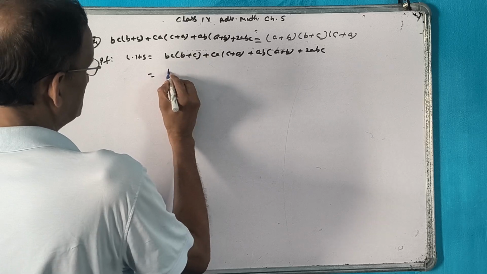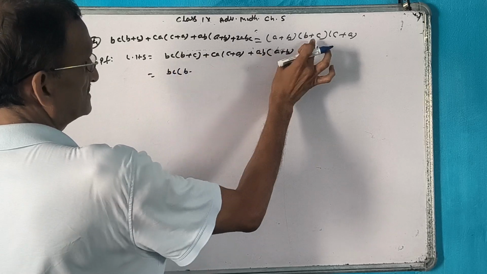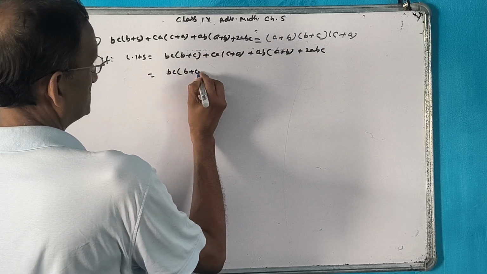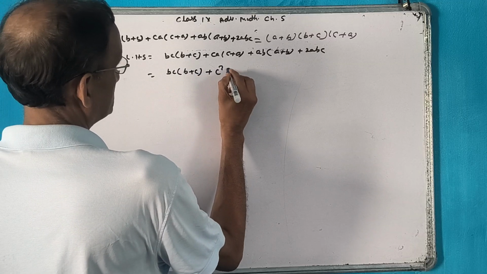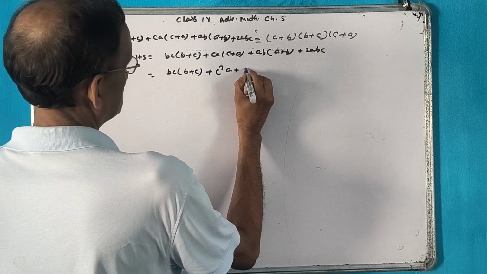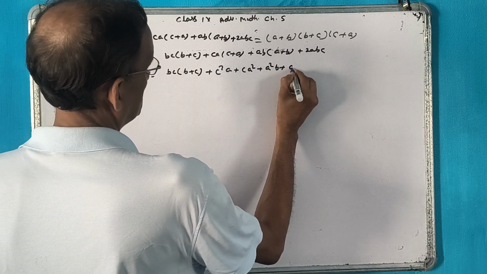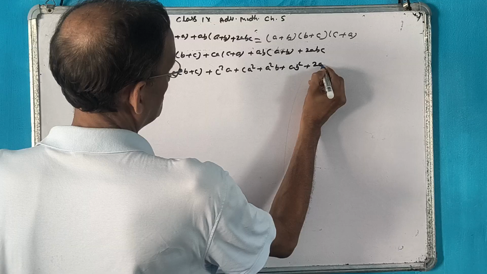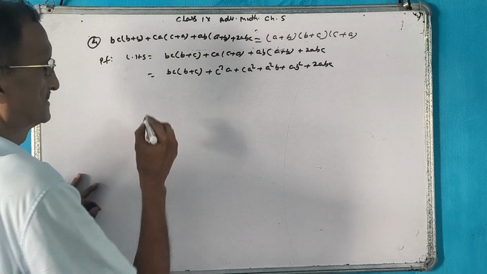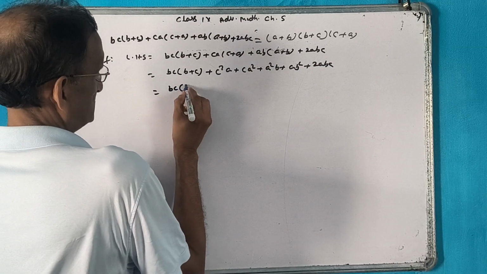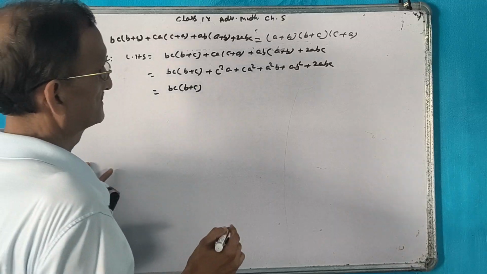First term we leave as it is because we need B plus C here, no? Then remove the bracket: C square A plus CA square plus A square B plus AB square plus twice ABC. So this is BC into B plus C, okay?